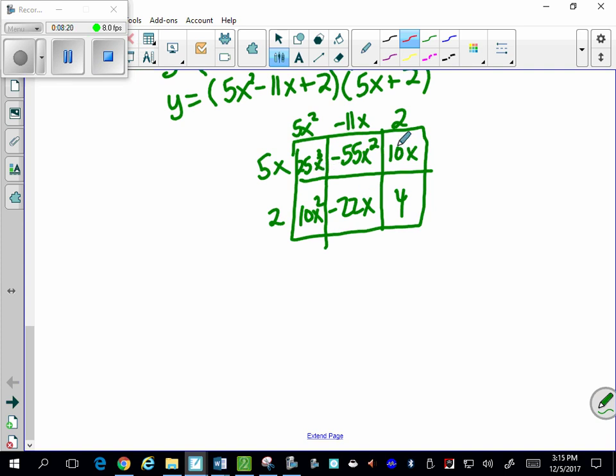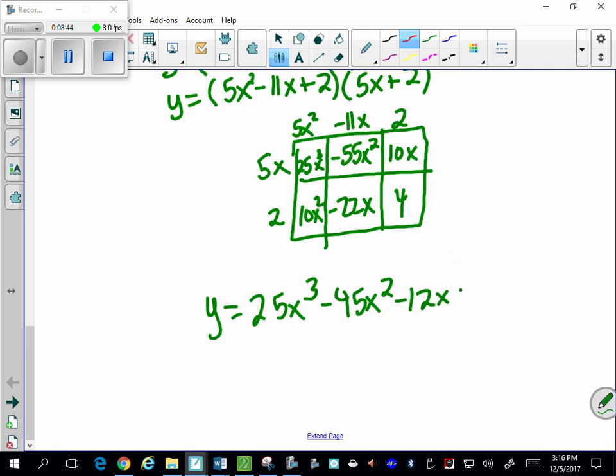So we have 25x cubed. So y equals 25x cubed. Negative 55x squared plus 10x squared is a negative 45x squared. And then negative 22x plus 10x is a negative 12x. And then it's just a positive 4, so plus 4.